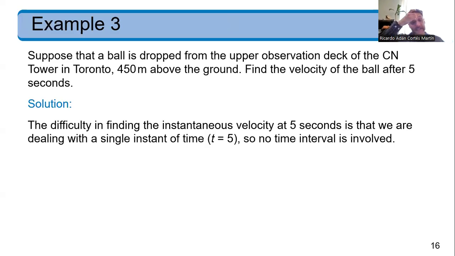So let's say that we drop a ball from a very large tower. And the thing is that we cannot find the instantaneous velocity at every moment, no? So we want to know exactly, for example, at 5 seconds after we threw the ball, what is the velocity of the ball, okay?